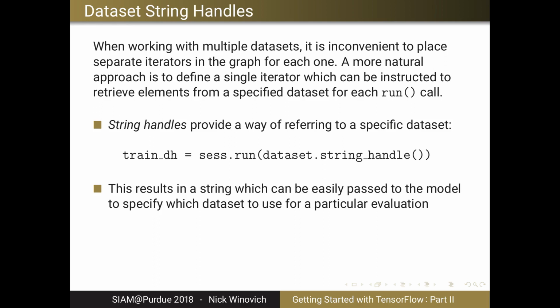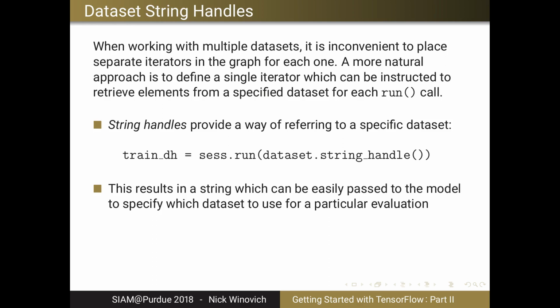Okay, once you have the training data set defined, you can do the exact same process to define a validation data set. And in general, you may have multiple different data sets for different purposes. And we want to define code which can accept different data sets. We want an easy way to switch between the data sets.